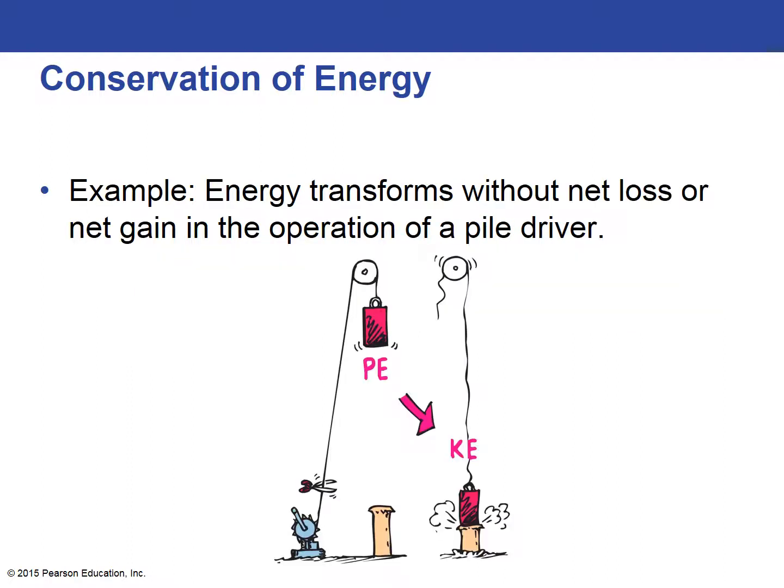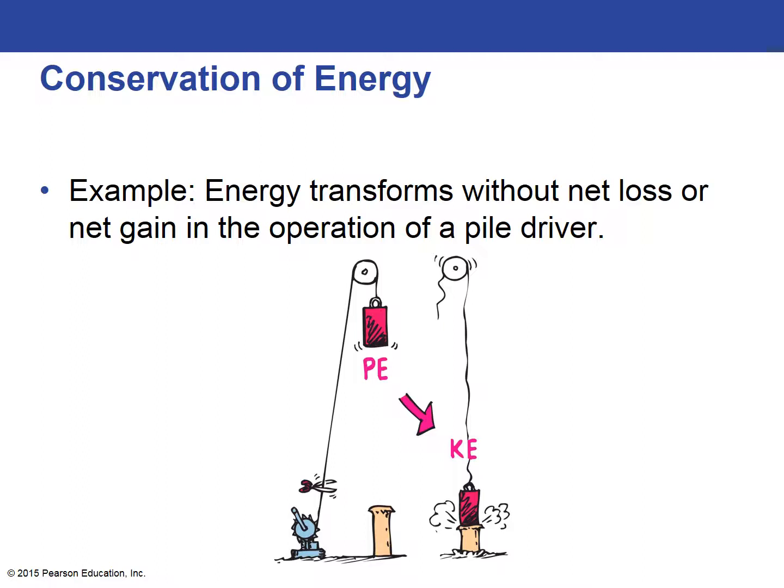Here we see a very simple example of the law of conservation of energy applied to raising an object and then dropping it from a high elevation. The conservation of energy principle here states that the energy of the object is going from potential energy, which we create by pulling on the pulley to raise the object, to allowing the weight to drop freely under gravity, and in doing so, it acquires kinetic energy.